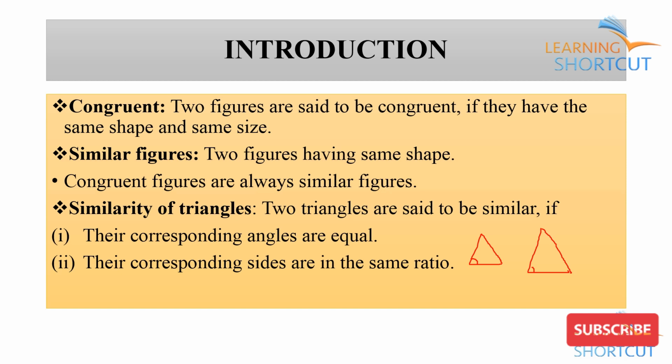It is a separate triangle, but it has the same shape, so we will consider them similar triangles. This angle will be equal to this angle, and this angle will be equal to this angle. Their corresponding sides are in the same ratio, so we will consider this as similarity of triangles.